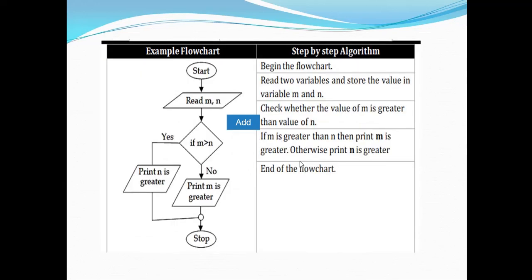Okay, so this is flowchart and algorithm. Another example: this shows the beginning of the flowchart, and here we are reading two values, m and n, and finding the greatest number among the two numbers. We check the condition: if m is greater than n, then print m is greater.